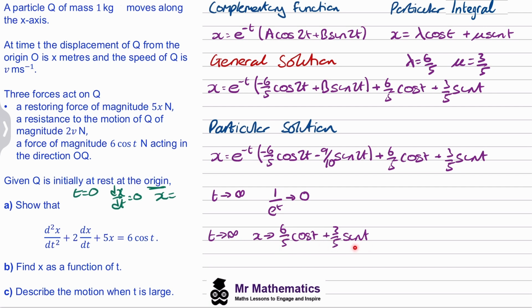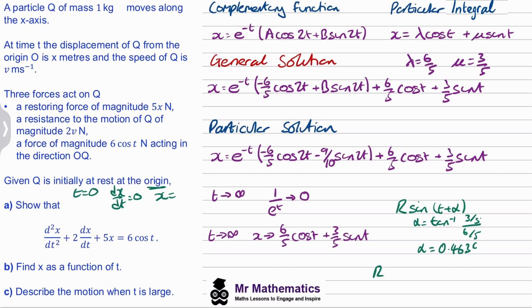Well, we can write this using the harmonic formula. This is when we have r multiplied by the sine of t plus alpha. We know alpha will be the arctan of the sine term divided by the cos term. So alpha will tend to 0.463 radians.